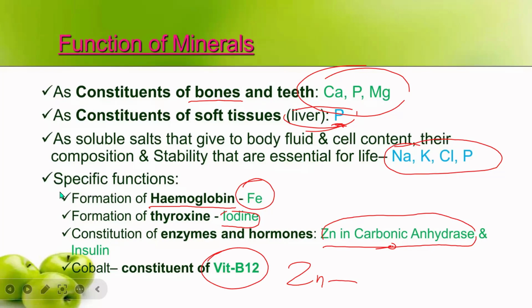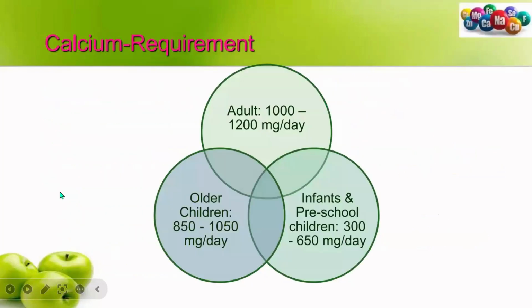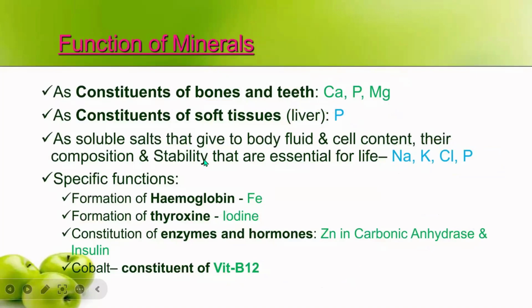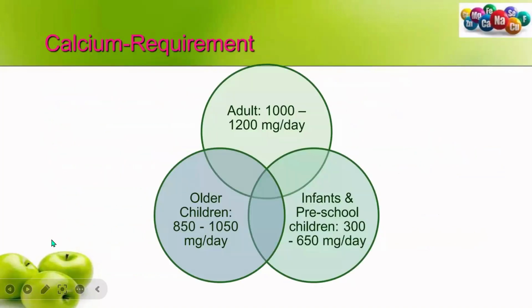So, calcium requirements. Let's start with calcium. We need calcium in our body, and this is the requirement. In adults, there is a need of 1,000 to 1,200 milligrams per day. In older children, you need 850 to 1,050 per day.